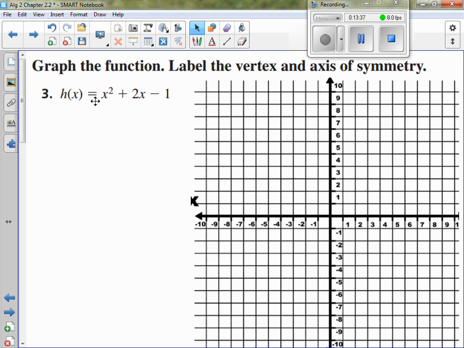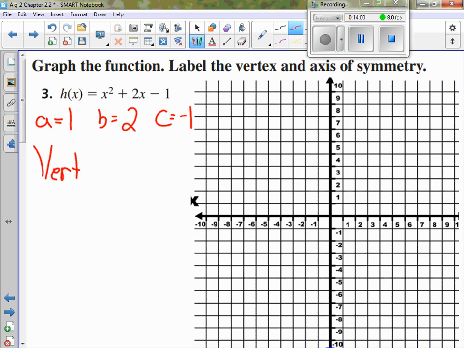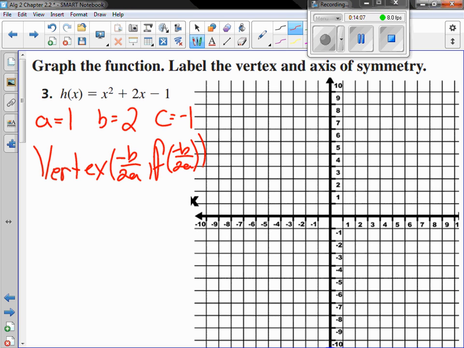So let's look at this here. A is 1, B is 2, and C is negative 1. When there's not a number specifically written down, it's going to be 1. If they just have a negative sign in front of it, it's negative 1. So we're going to do the same thing.